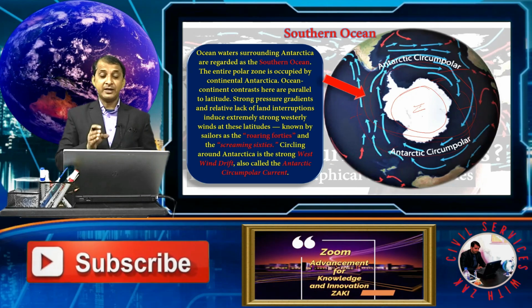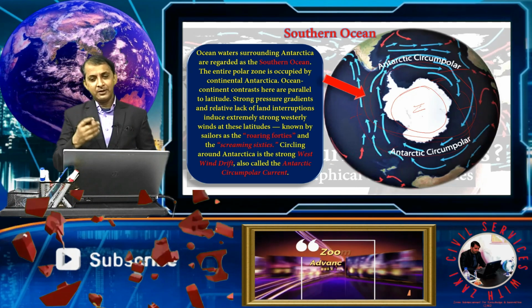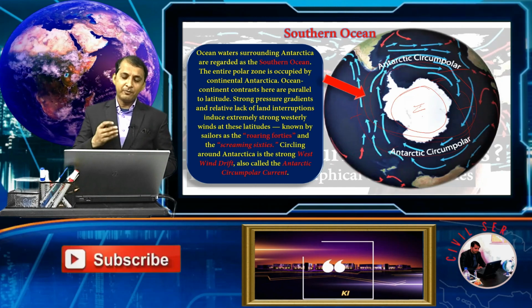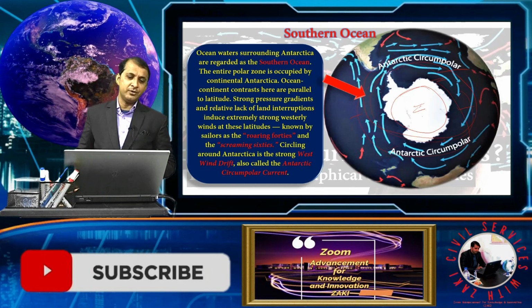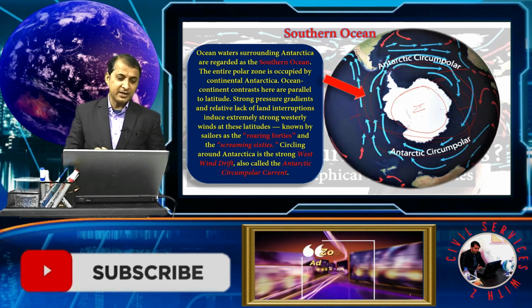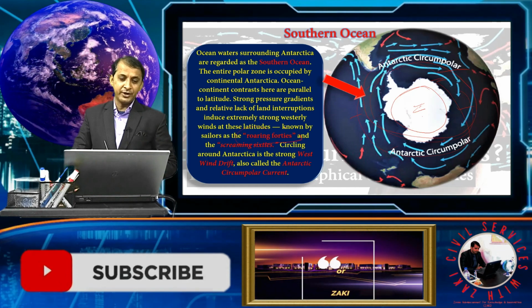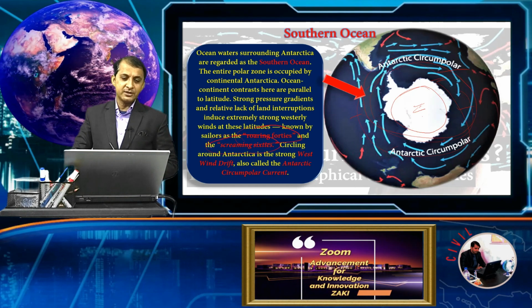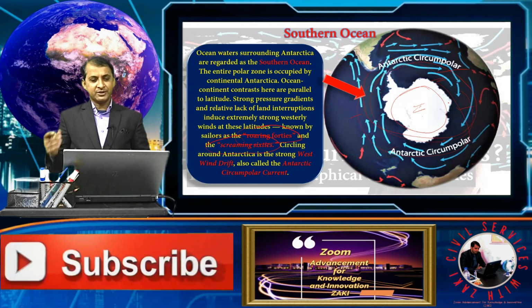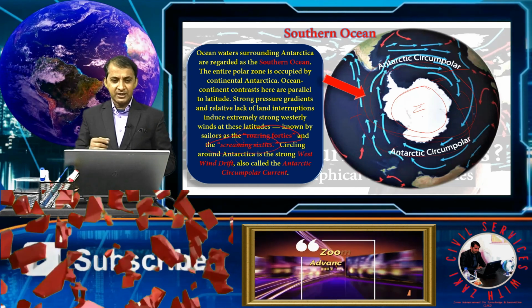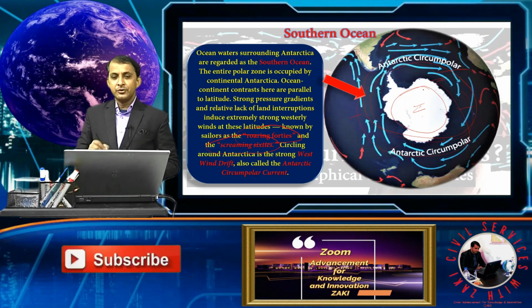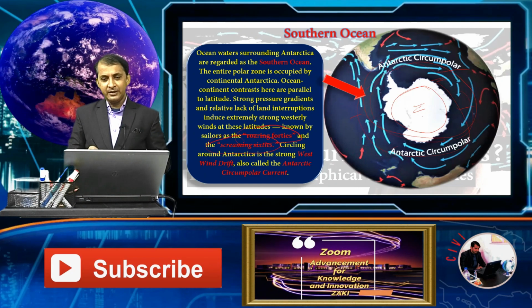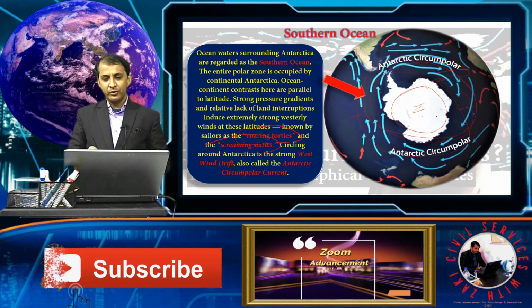This high pressure gradient produces a very strong westerly wind, known by sailors as the roaring 40s and screaming 60s, circling around Antarctica. These areas are circled by the Antarctic Circumpolar Current.